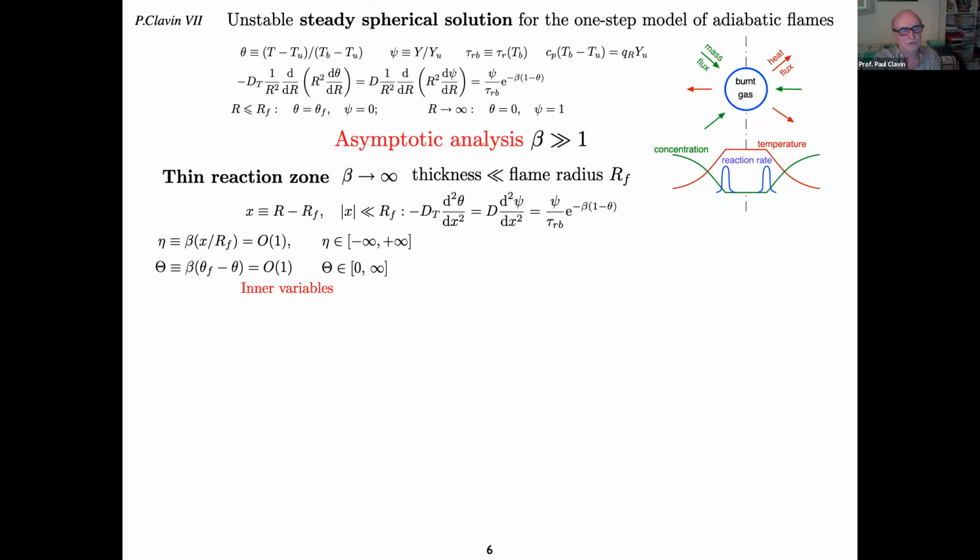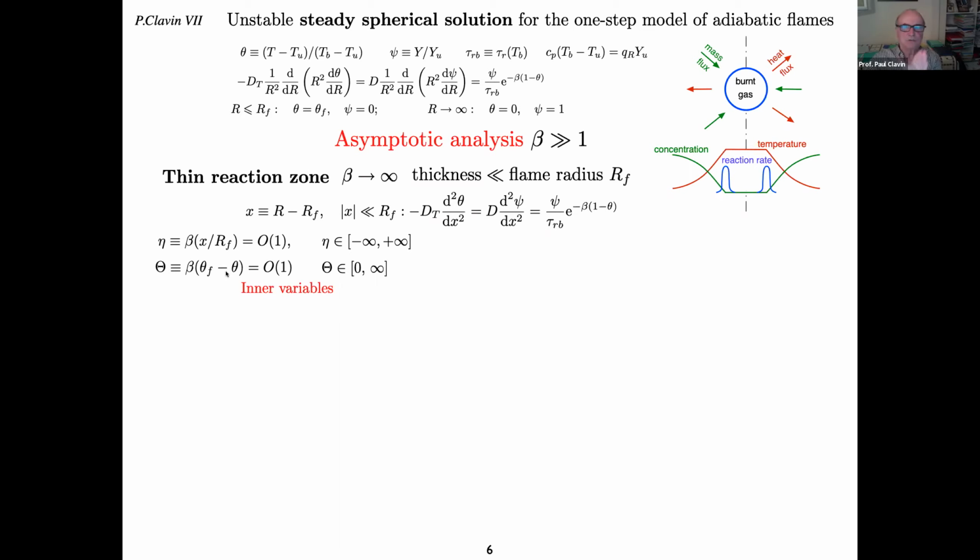Now we introduce the inner variables that are of order unity. For example, as in the planar flame, you see this big theta is of order unity.